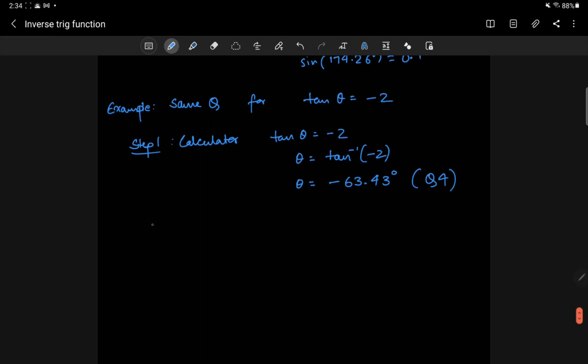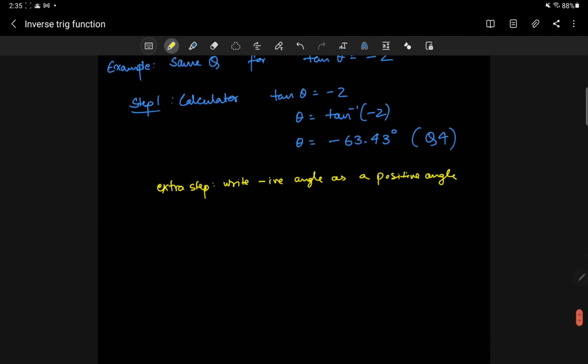So here we have an extra step. We put in a different ink. So extra step is write the negative angle as a positive angle. What does that mean?